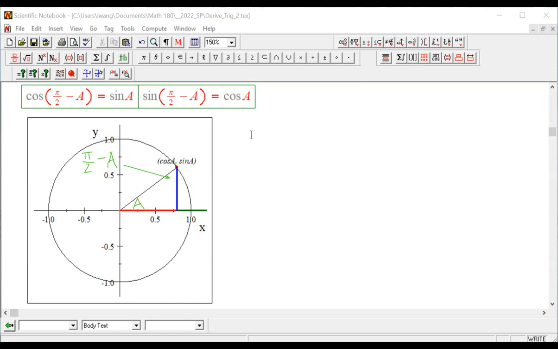On this unit circle, sine of A is the blue. Okay. Cosine of pi over 2 minus A: this angle's cosine is the adjacent side divided by the radius, which is 1.